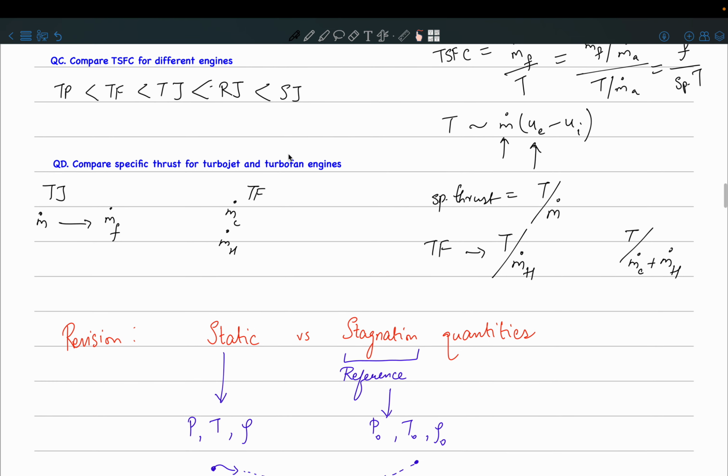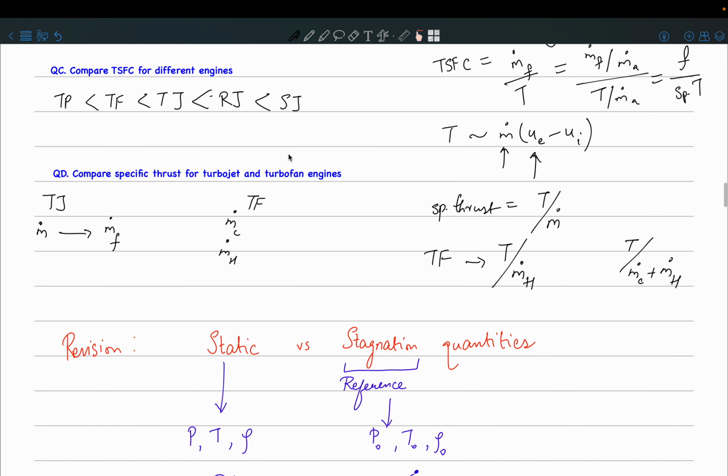Sorry, I couldn't hear you. Turbofan is higher, right? So for turbofan being higher than turbojet, the definition of specific thrust we have used is this one.